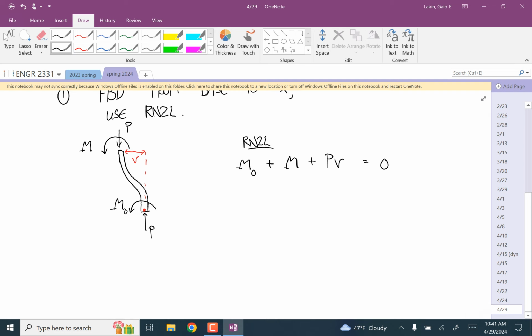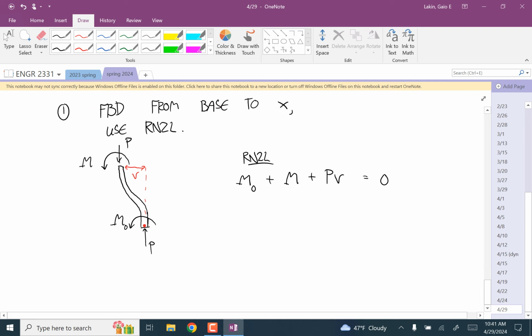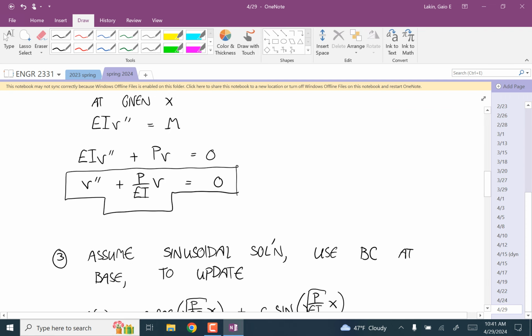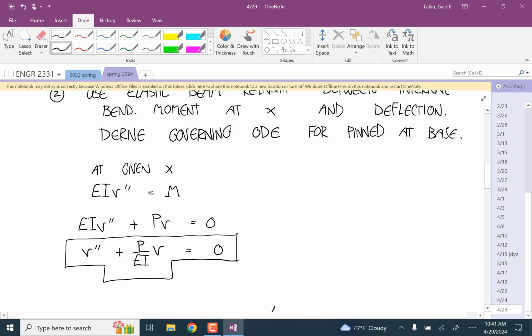Could you model this with the assumed deflection being the other way, and then you'd have a negative PV? You cannot do that because the elastic beam relationship defines the direction there.